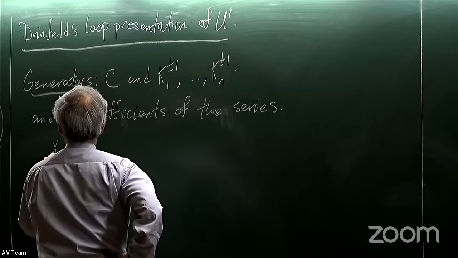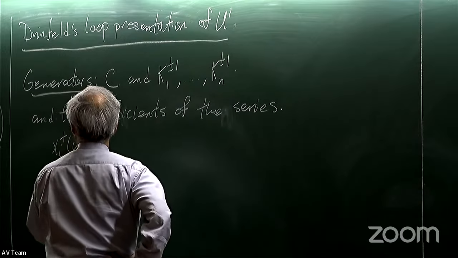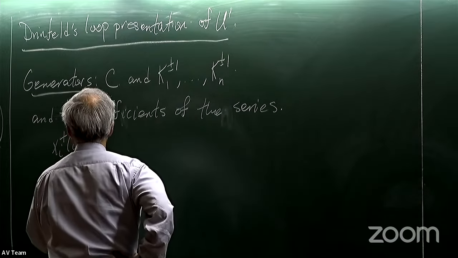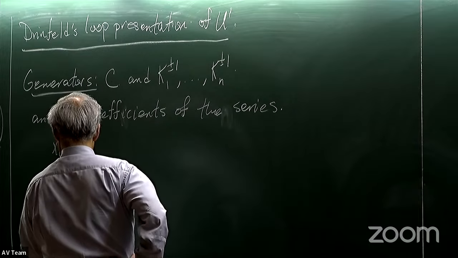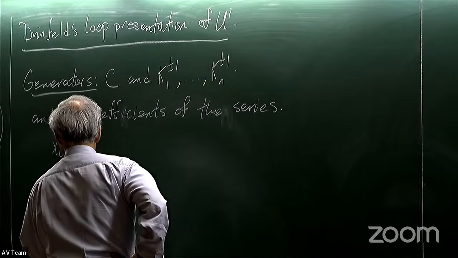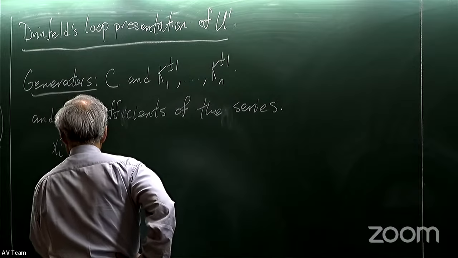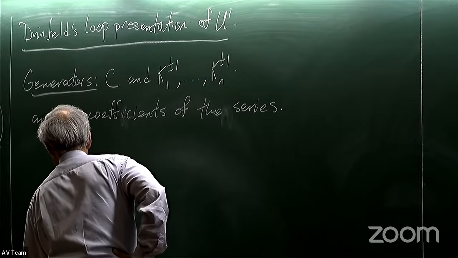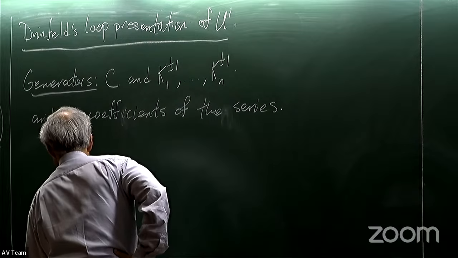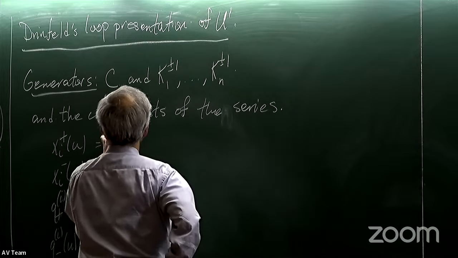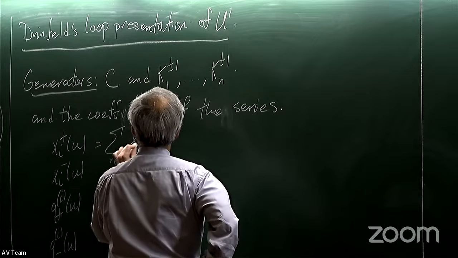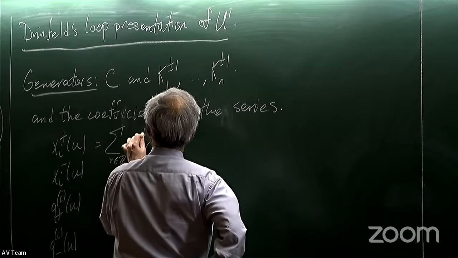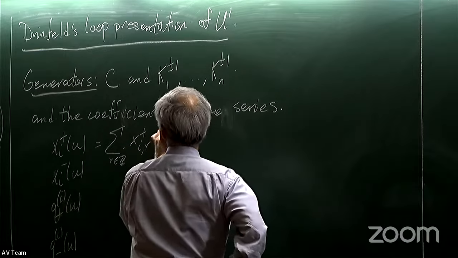So there are four series: xi plus, xi minus, qi plus, and qi minus. So this is some series, a sum over r in Z of x_{i,r} plus u to the r.